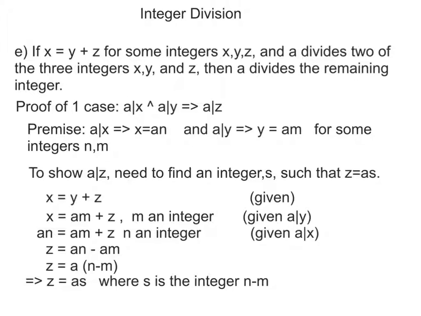Then I have that z equals a times s, where s is the integer we get when we subtract n minus m. And here I am done with my proof because a divides z by definition of divisibility.